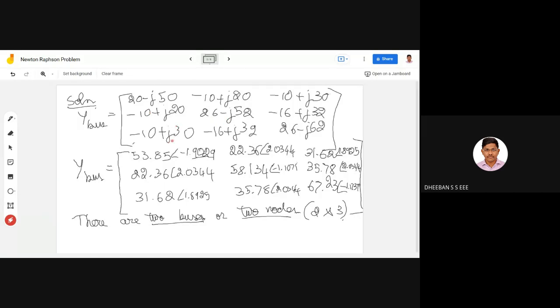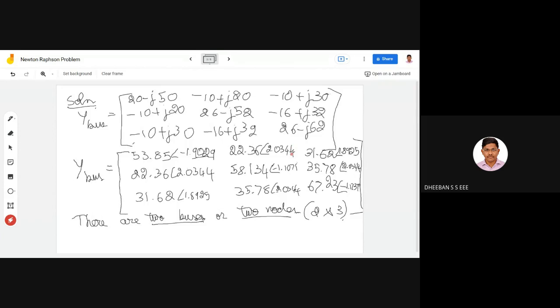In the last class, I left out an important thing which I didn't cover. When you're converting from rectangular form to polar form, you'll be getting a value at the angle, and this value is represented in degrees.